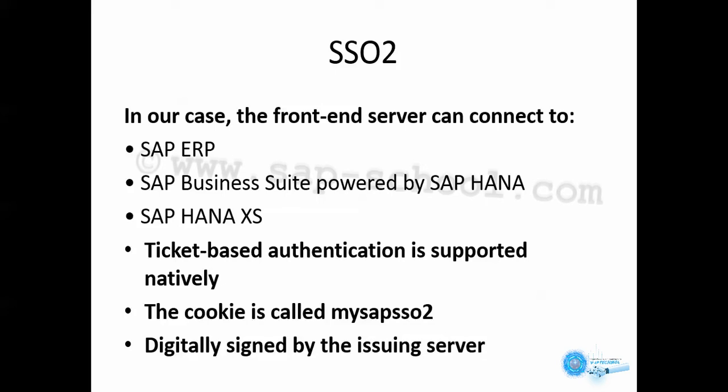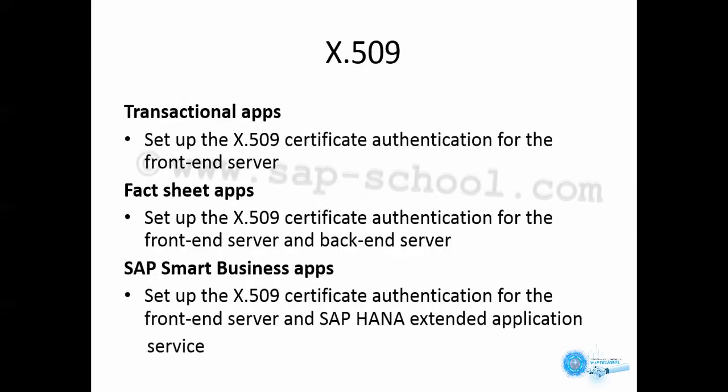Similarly, for the SAP Smart Business app, we have to set up X509 certificate authentication for the front-end server as well as the SAP HANA Extended Application Service. So this is how SSO2, SAML 2.0 and X509 work for single sign-on.